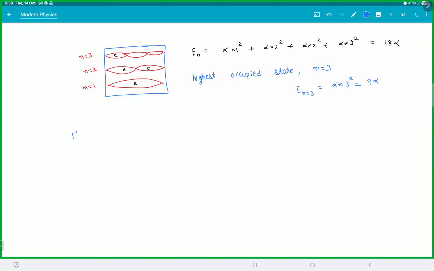So the first excited state, jumping from 1 to 3 directly, right? Will there be also shielding effect and everything? But anyway, we always see in terms of energy. So the minimum energy required for the transition is from 2 to 3.